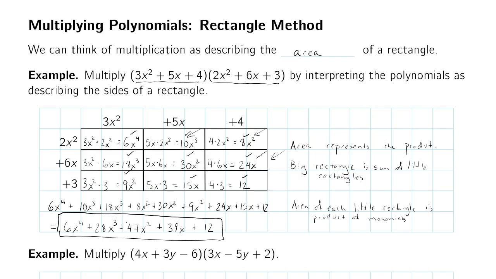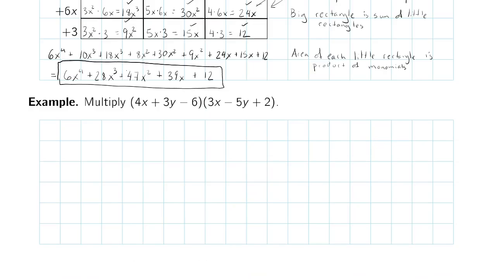Let's see just another example of this multiplication method. So 4x plus 3y minus 6 times 3x minus 5y plus 2. I have polynomials with 3 terms each.